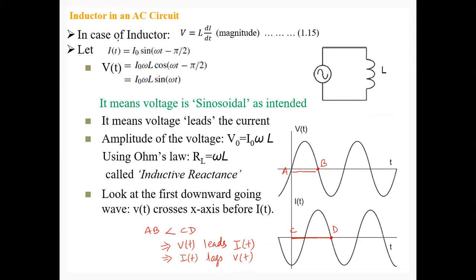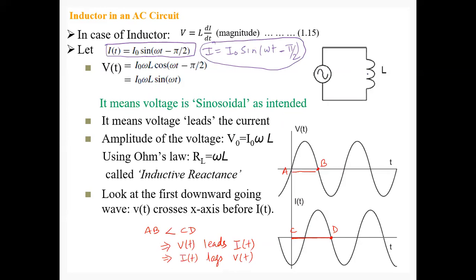Now, let me begin with I equals this. I have a reason to select this. This is sinusoidal, so I consider I equals I0 sine omega t plus phi, where phi is negative pi over 2 in this case. That's why you get the minus here. So I started with I. Why?